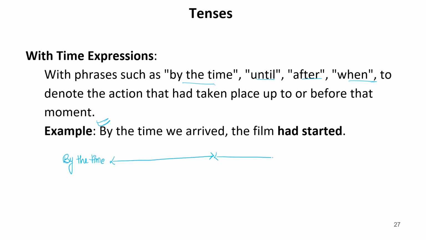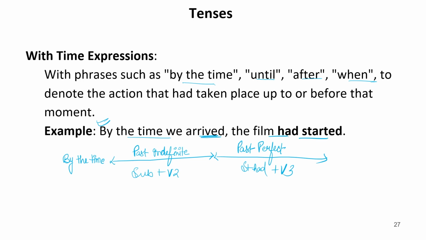The first clause, just after by the time, should be in past indefinite or simple past tense, that is subject plus verb second form. But the remaining clause should be in past perfect tense, which means subject plus had plus verb third form. For example, by the time we arrived, the film had started.